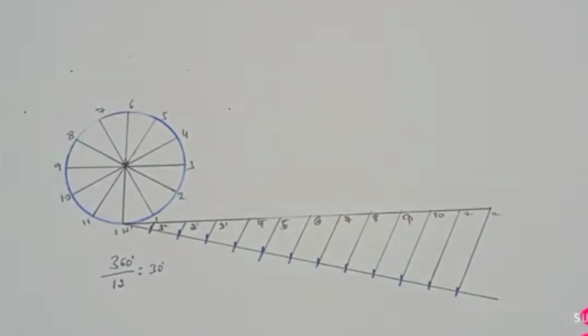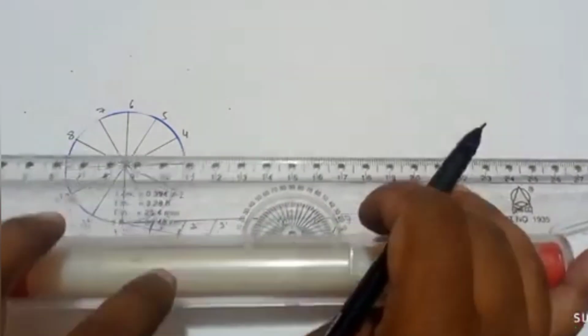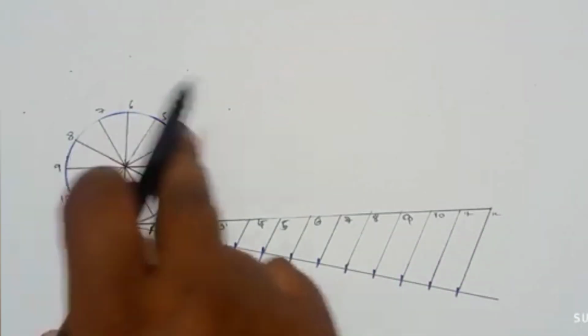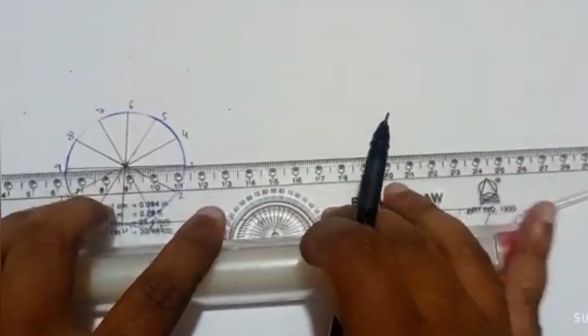Now we'll draw parallel lines here. As this circle rolls over, the center point remains the same reference.